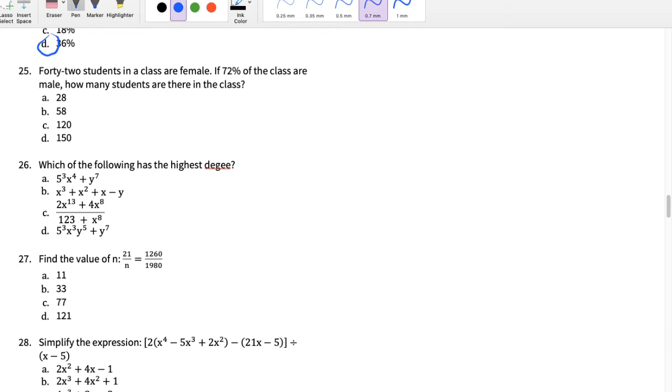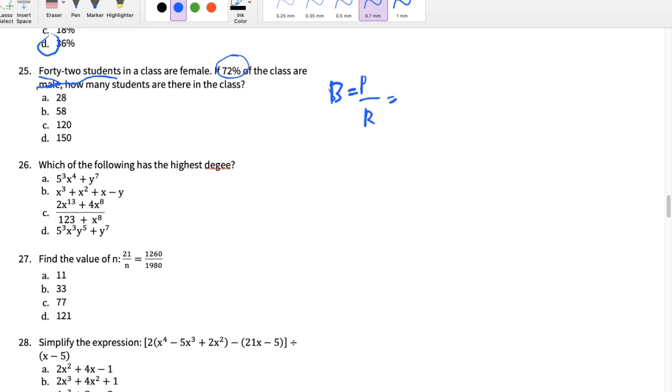Okay, number 25. 42 students in a class are female. 72% of the class are male. So how many students are in the class? So una, since ito yung given sa atin na percentage, okay, dapat yung partner niya na rate ang ating gagamitin. So base, diba, base is equal to percentage divided by rate.